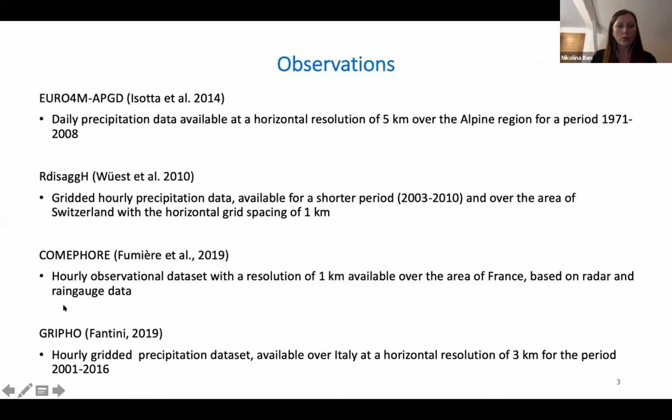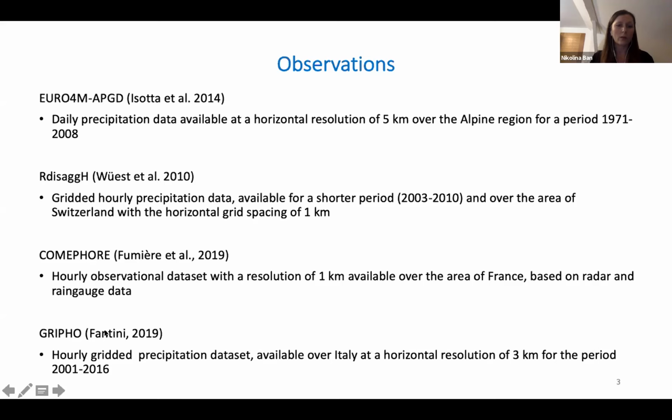Here is just shortly a list of observations that we use for evaluation of precipitation. The first one is the EURO4M-APGD data. It's a daily precipitation data set with a horizontal resolution of 5 kilometers, and it covers this Alpine region. Then we have a gridded hourly precipitation data set over Switzerland.